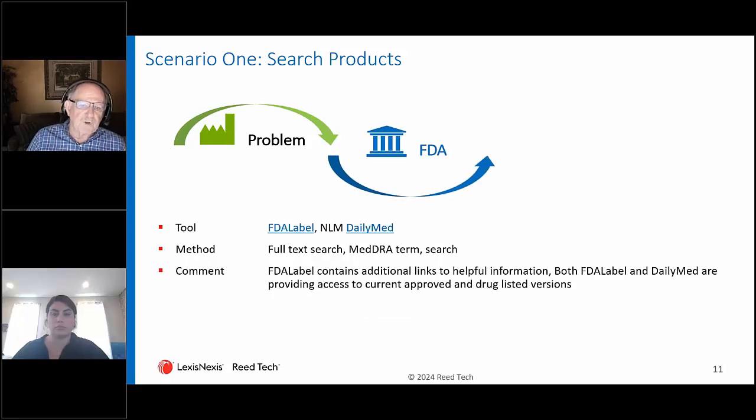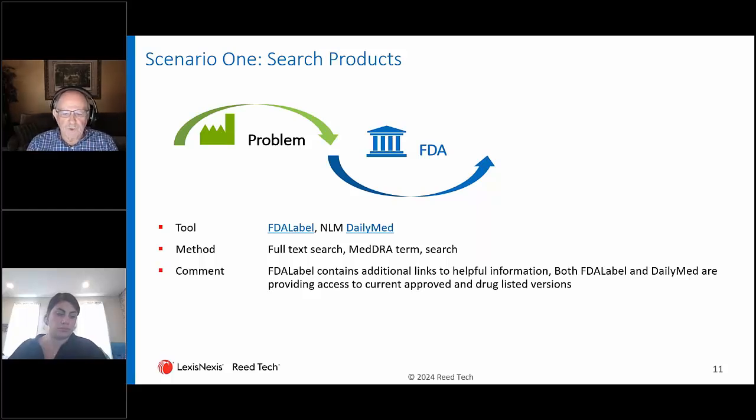Now, if we look at the FDA databases, and let's talk about the first two there, the FDA label and the National Library of Medicine DailyMed label, you are able to do some full text searches. There's some additional information that you would get in FDA label, like MedDRA term searches. DailyMed has RxNorm type of values.